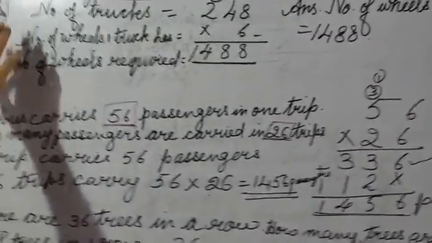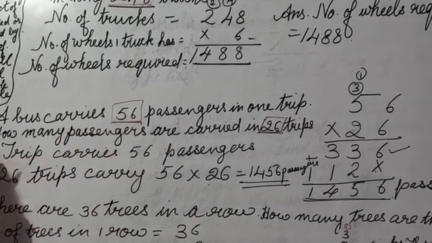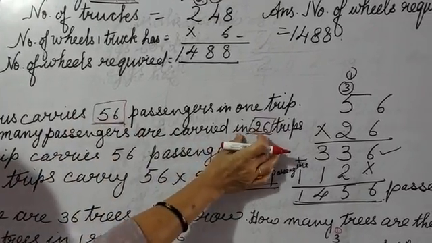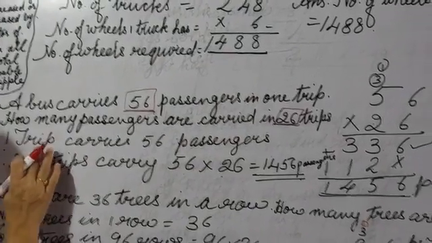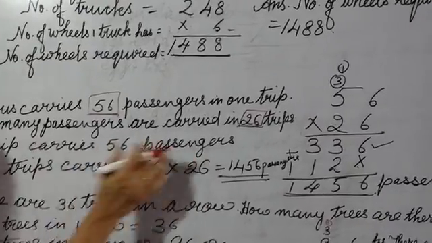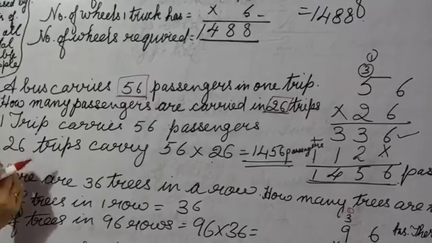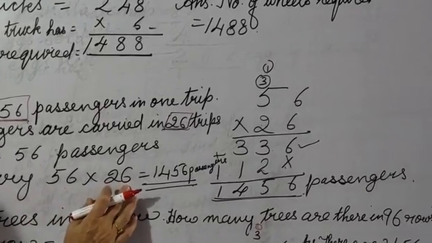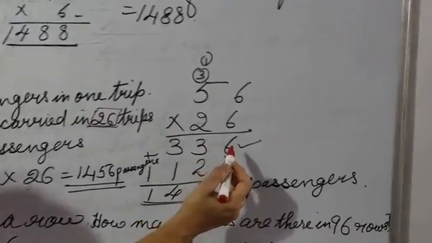The total number of passengers they are asking in 26 trips. So you know about one trip that it is 56. So we write the statement: one trip carries 56 passengers. Therefore, these 3 dots stand for therefore. Therefore, 26 trips carry 56 into 26, and we do the multiplication sum.